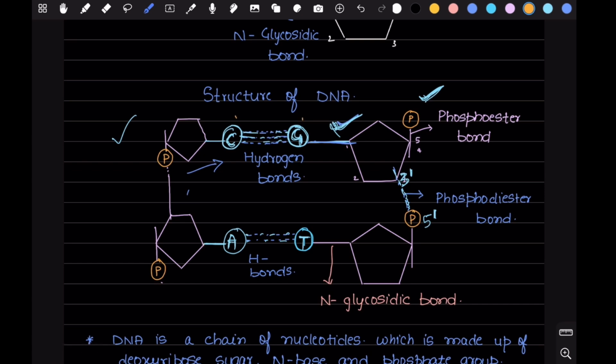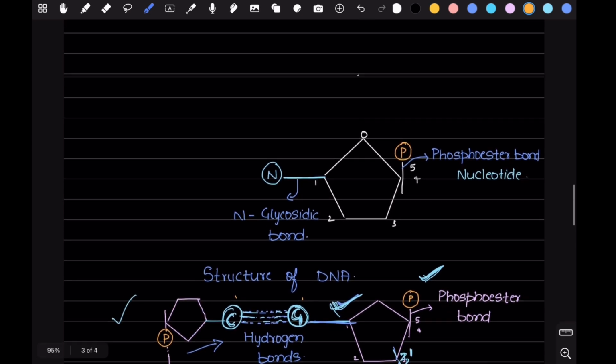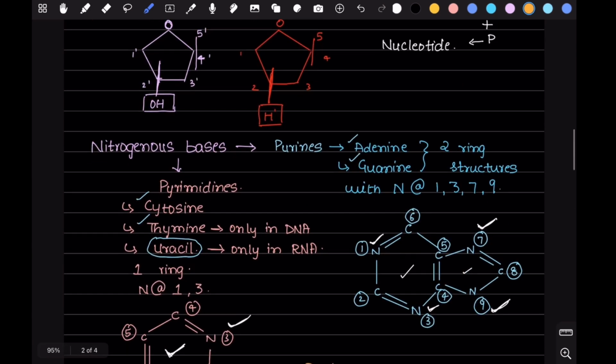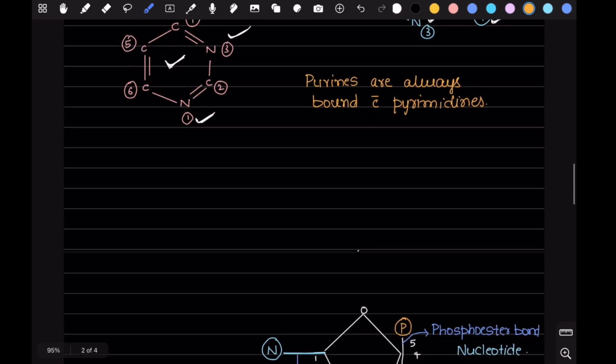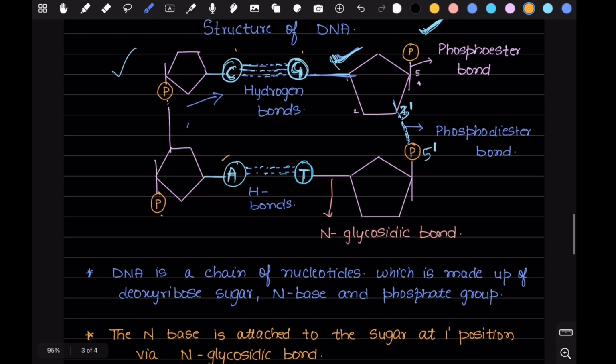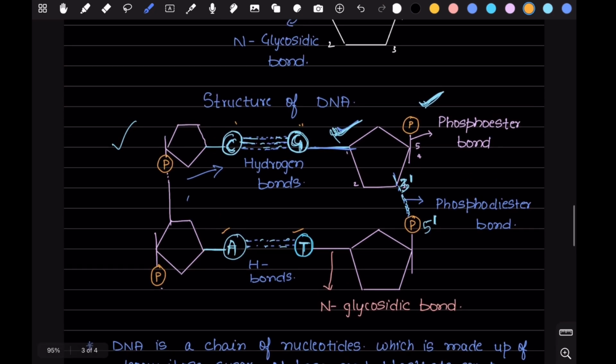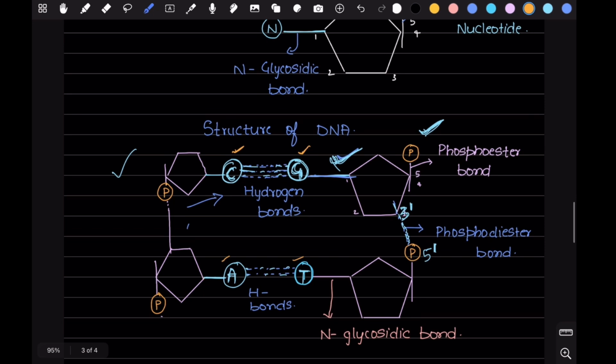Now you can see here the adenine is a purine and thymine is a pyrimidine. In this structure you can see adenine and thymine are bound. Similarly, guanine is a purine. C, that is cytosine, is a pyrimidine. So they are only bound. In opposite strands there should be purine and pyrimidines, which are going to be bound by the hydrogen bonds.